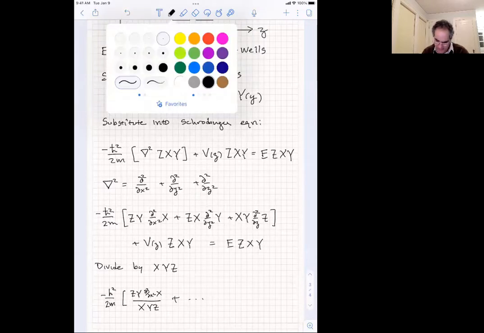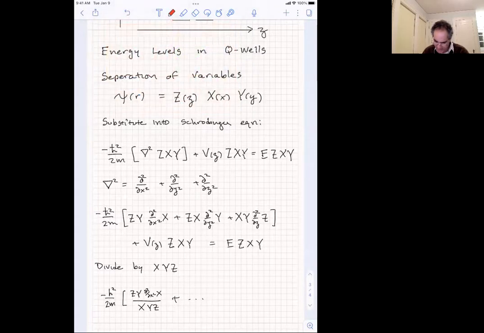And I wrote this out so you could see that in this fraction several things cancel out. The z function cancels out, the y function cancels out. And we're just left with the second derivative with respect to x of the x function divided by the x function.